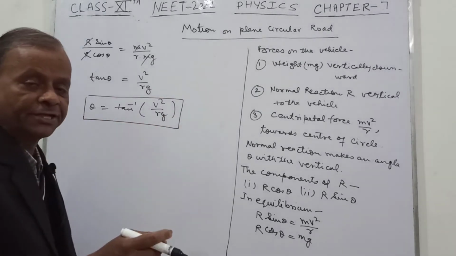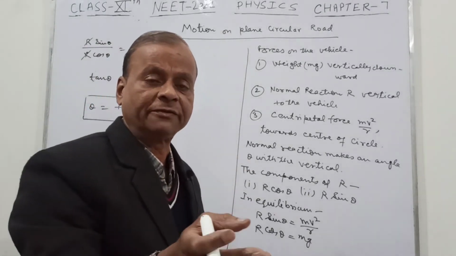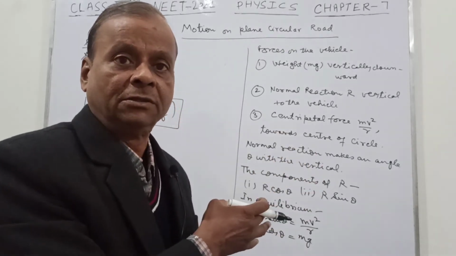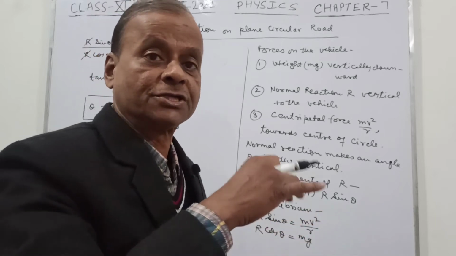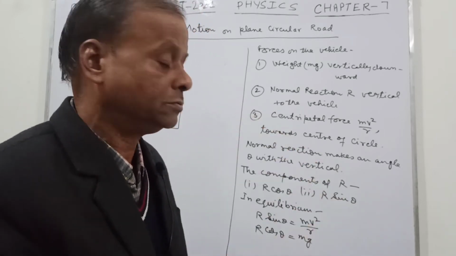So if a vehicle is moving on the circular road, it must have this much inclination with the vertical so that it can move safely on the circular road.